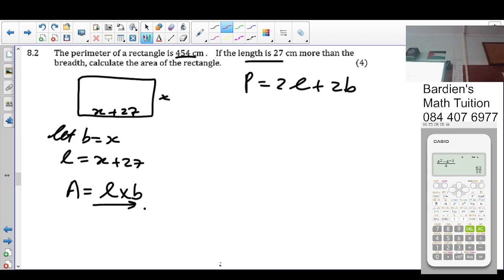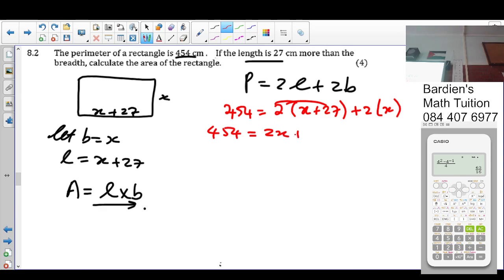The perimeter is, of course, 454 equals 2 times my length, x plus 27, plus 2 times your breadth, which is x. So from here, it's a matter of solving for x. So 454 is equal to 2x plus 54 plus 2x.